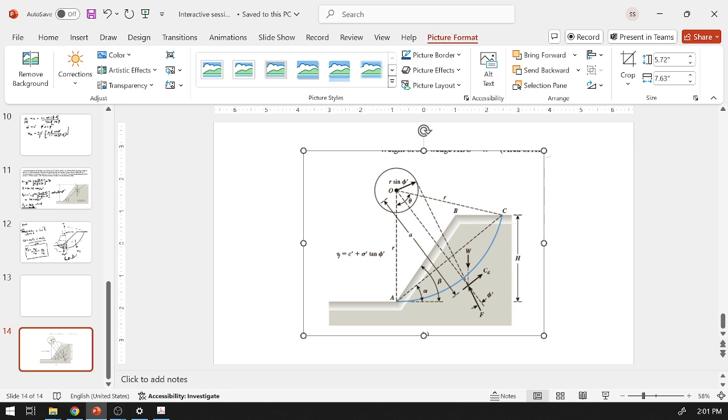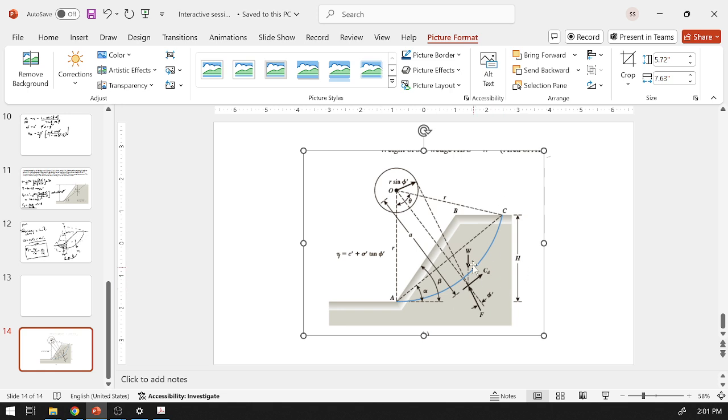Then what we do is we assume that the soil wedge has a unit cohesion along unit length, CD, along this arc. So the total cohesion will be CD into the length of this arc. The length of this arc is R times theta, R theta. So this will be CD into R theta, the cohesion along this length.